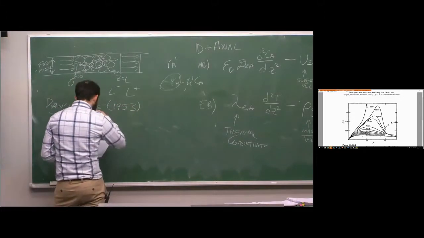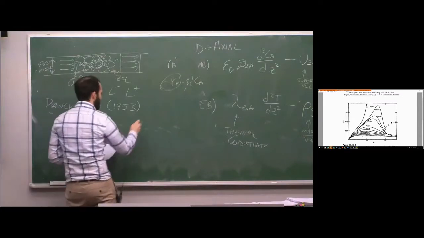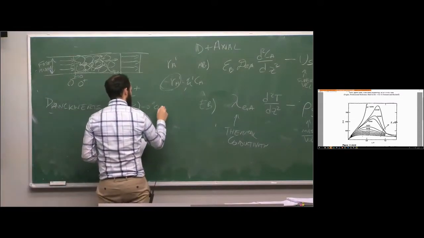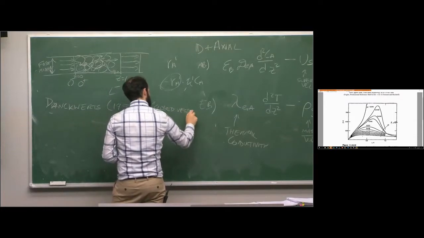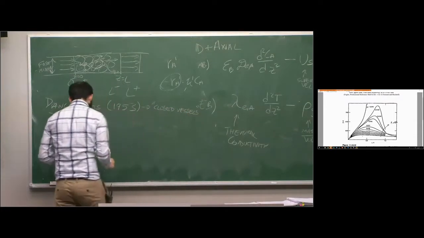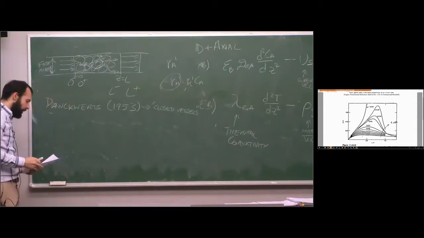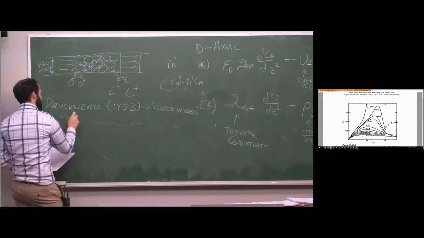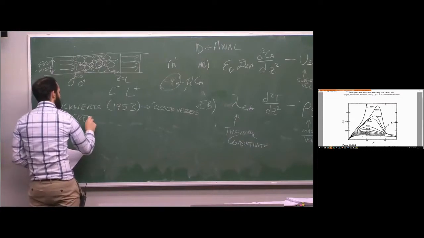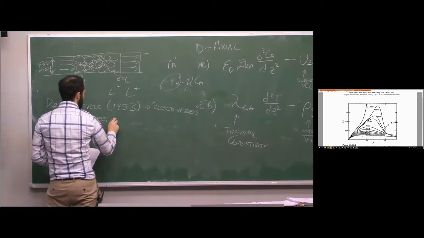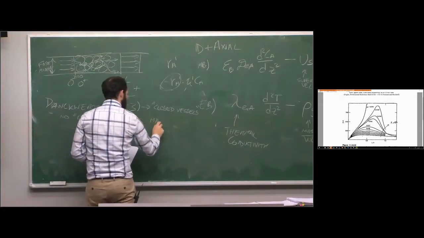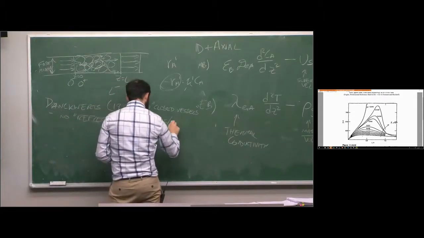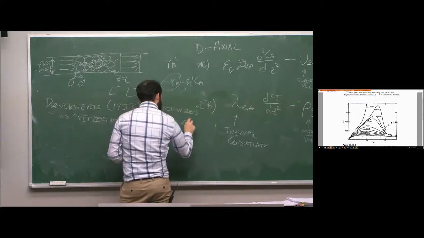One set is set up for closed vessels, meaning that there's no reflection of mass or energy at the boundaries.